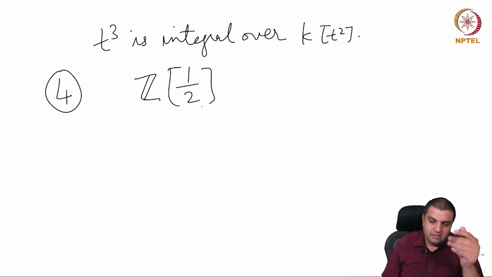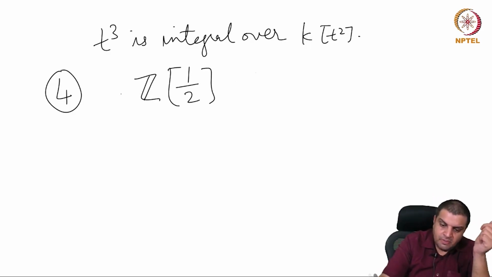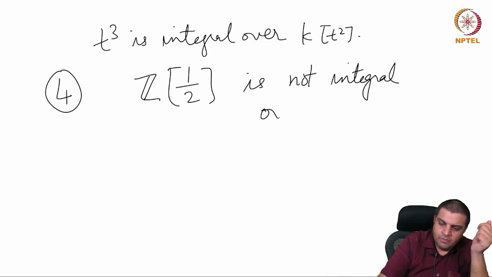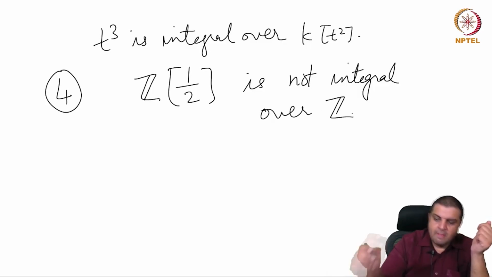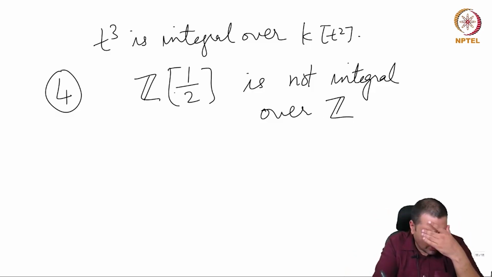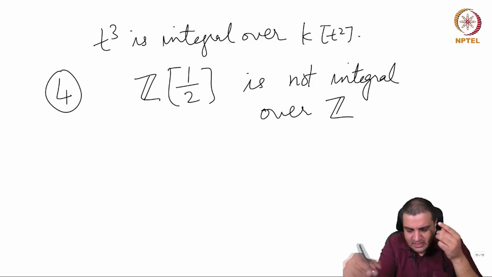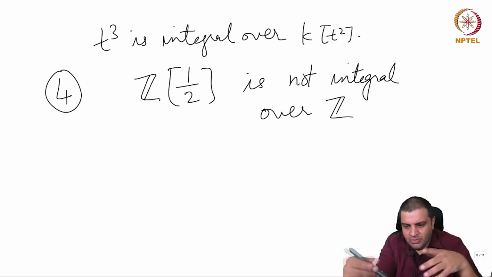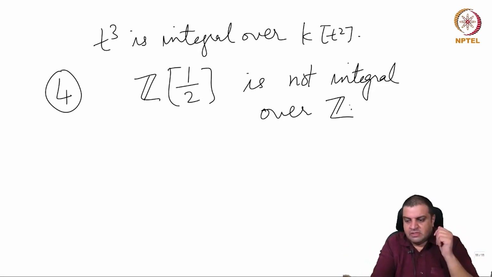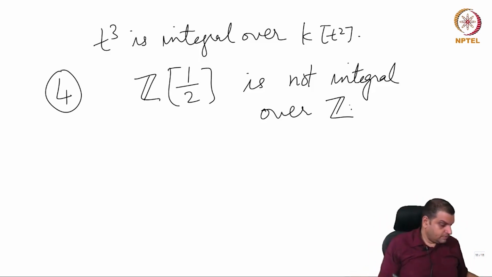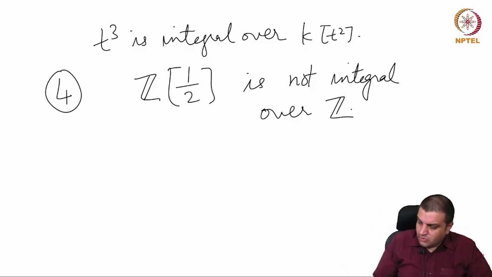Inverting powers of 2 is not integral over Z. That is, if you try to write that half has to satisfy an integral equation, we will fail. Okay, so do this as an exercise. So it's not integral over Z. Okay, so we would like to understand integral extensions.